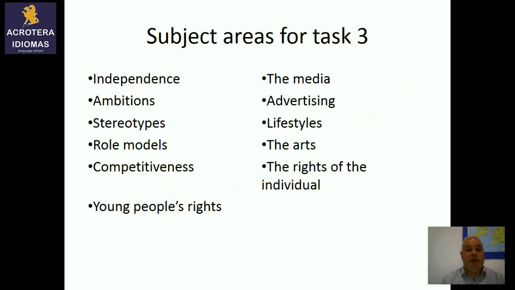These subject areas make for very broad conversation and should therefore all be something that the candidate should easily find thoughts, opinions and arguments for and be able to develop.